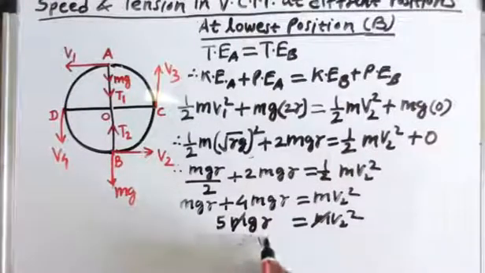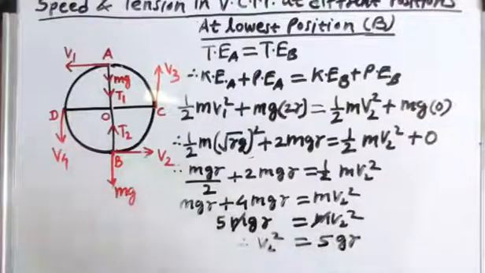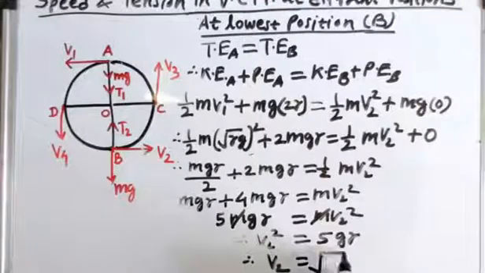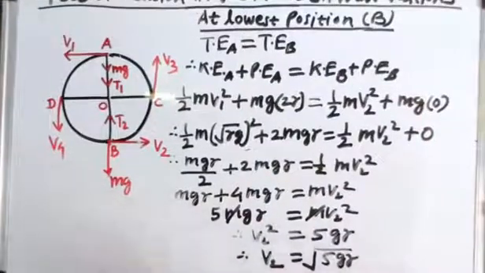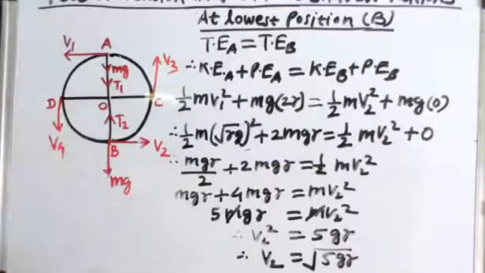Therefore V2 square equals 5gr. Taking the square root on both sides, V2 equals under root 5gr. This is the equation for the minimum velocity of the particle at the lowest position in vertical circular motion.